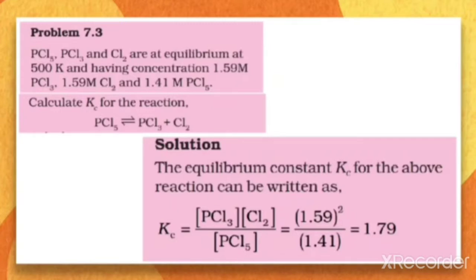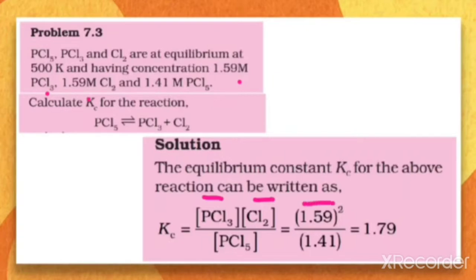We just need to write the Kc for this equilibrium reaction, and we have to substitute the values here. The 1.59 is given for PCl3 and 1.59 for Cl2. That's why the concentration of PCl3 and Cl2 is the same.